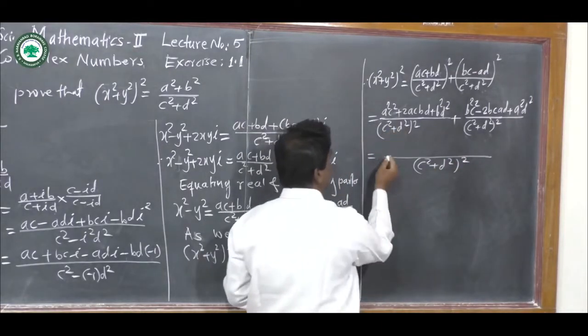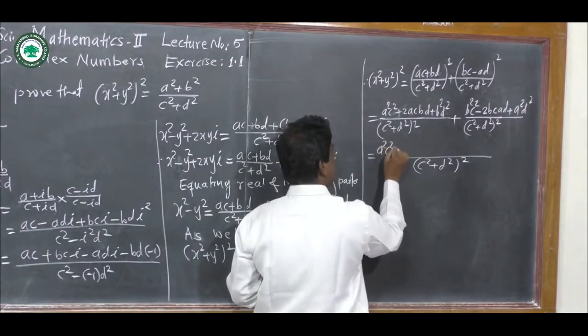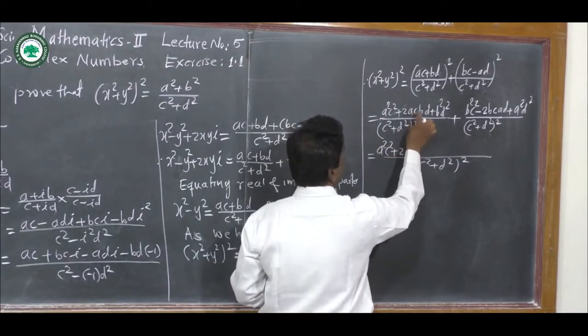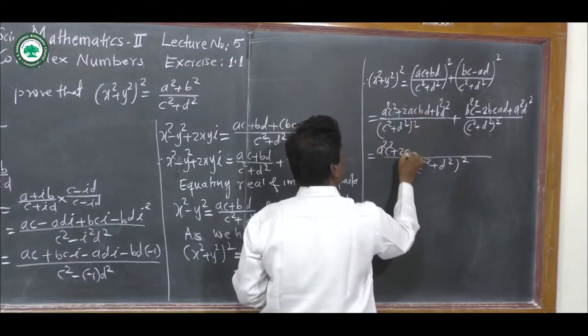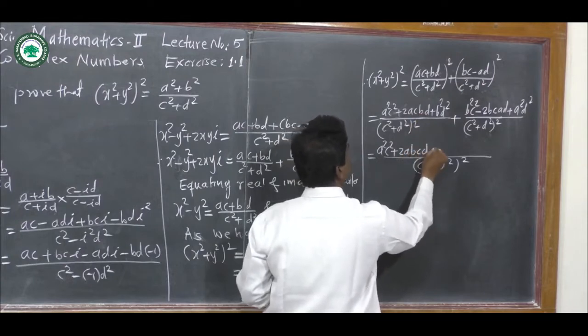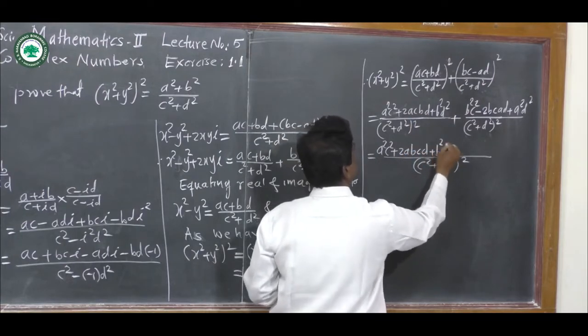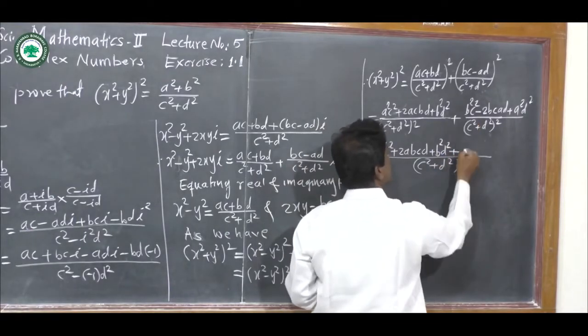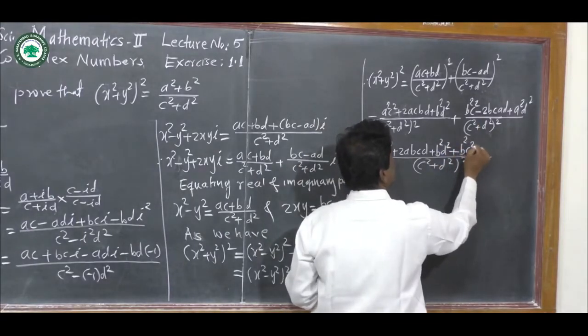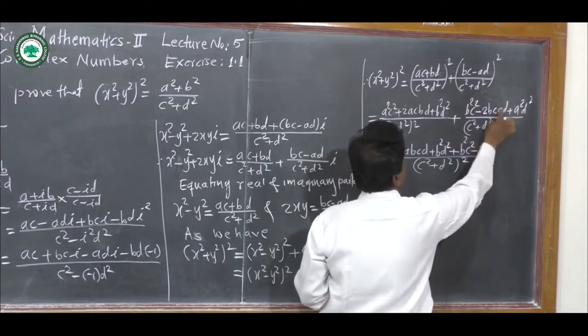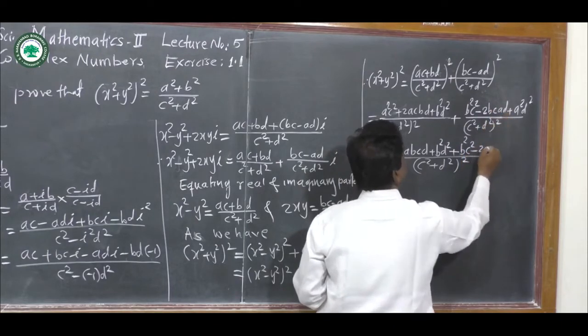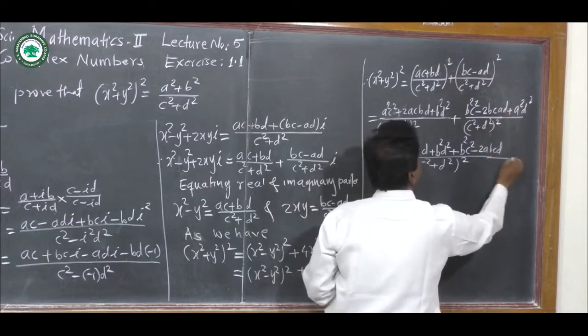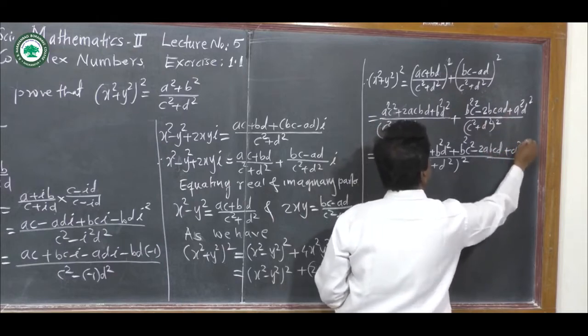Now we add the numerator, that is a square c square plus twice abcd plus b square d square, then plus here this b square c square, then minus twice abcd, and plus here a square d square.